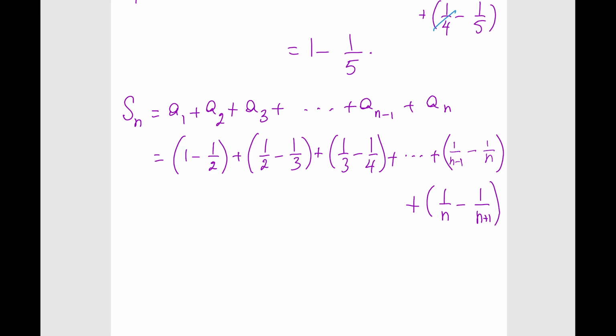Okay, so look at this sum. The negative half is going to cancel the half. The negative 1/3 is going to cancel the plus 1/3. So apparently the negative part is coming before the positive part, right? The negative half canceled the half because the negative half came before the half. The negative 1/3 came before the 1/3.